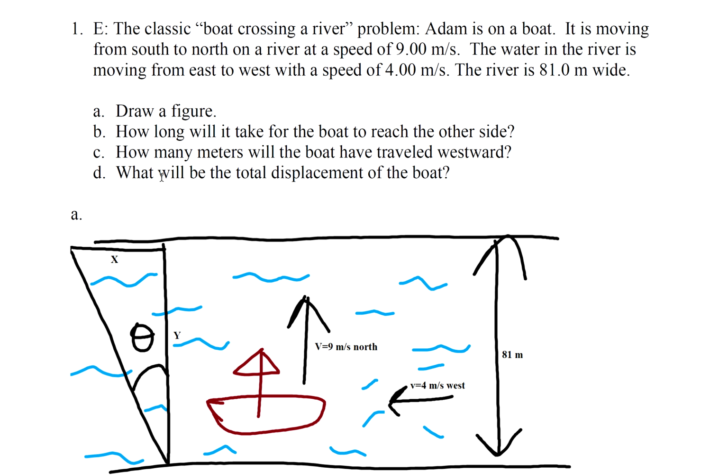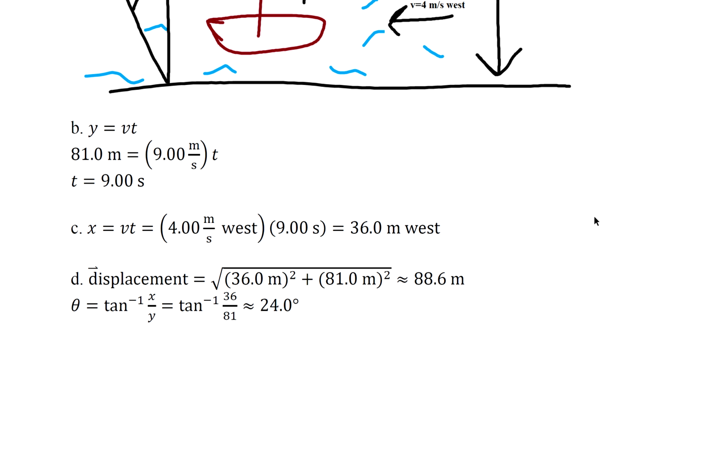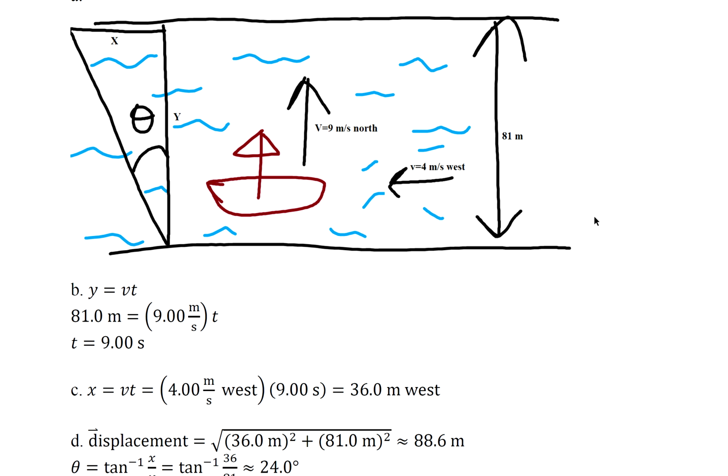Part D, what will be the total displacement of the boat? So displacement has a number and a direction. The displacement is 81 meters north, 36 meters west. We take Pythagoras' theorem to find this distance.